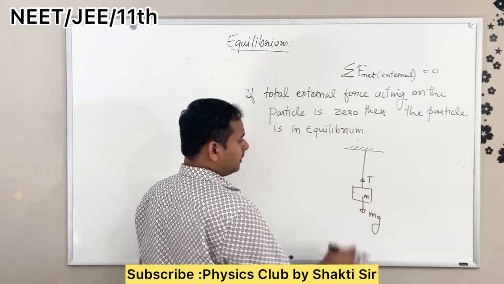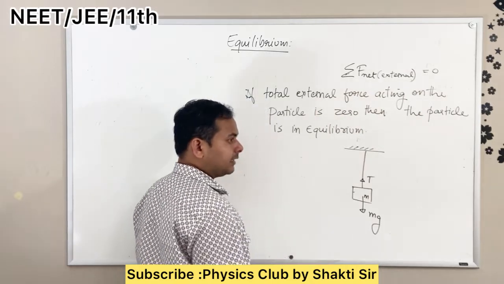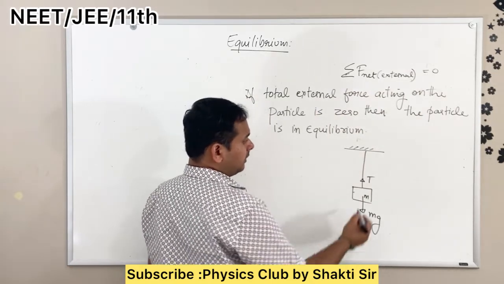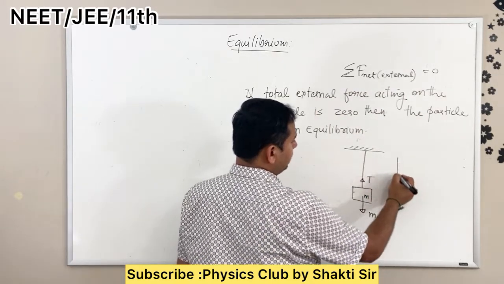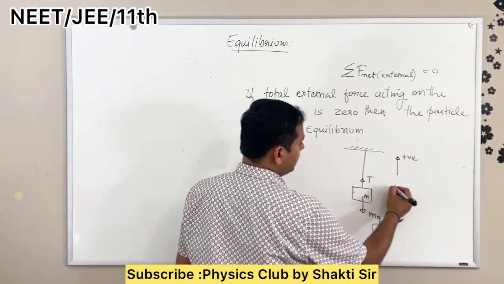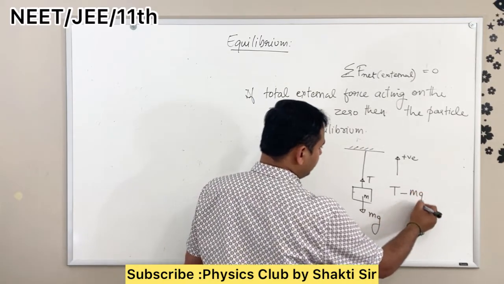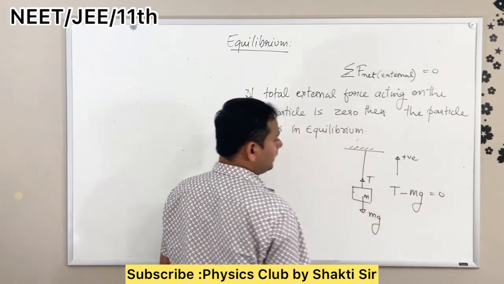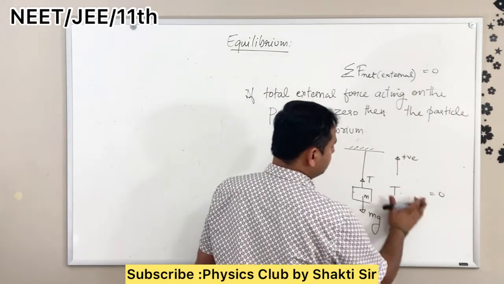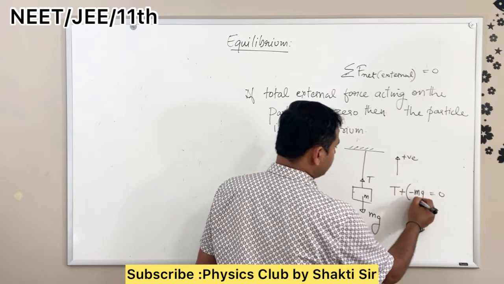Okay, so we can say the total external force acting on the system is zero. This force is acting in the upward direction. If we take the upward direction as positive, this force can be taken as positive, and this force can be taken as negative. This is the net external force.